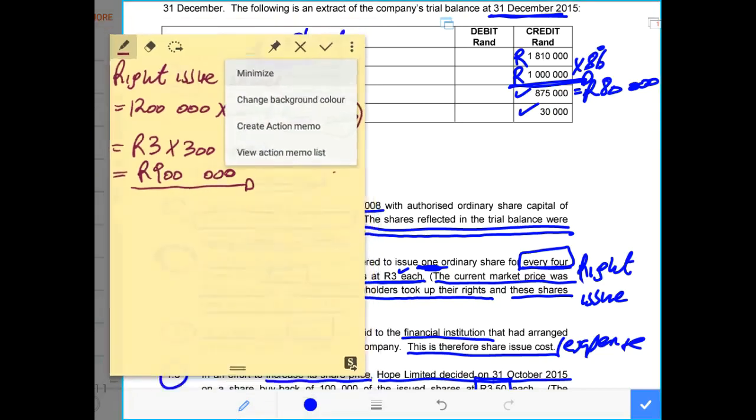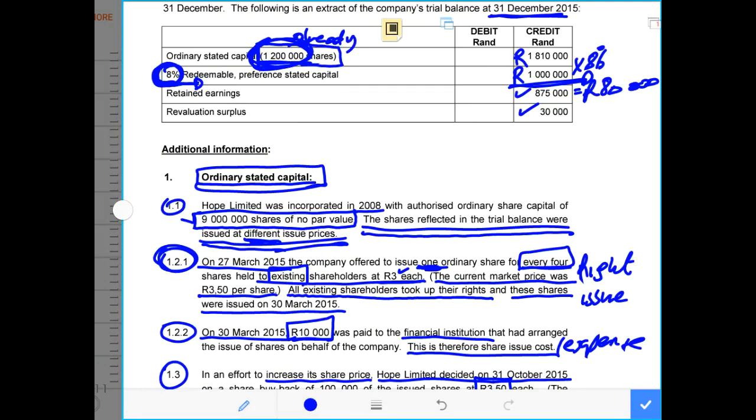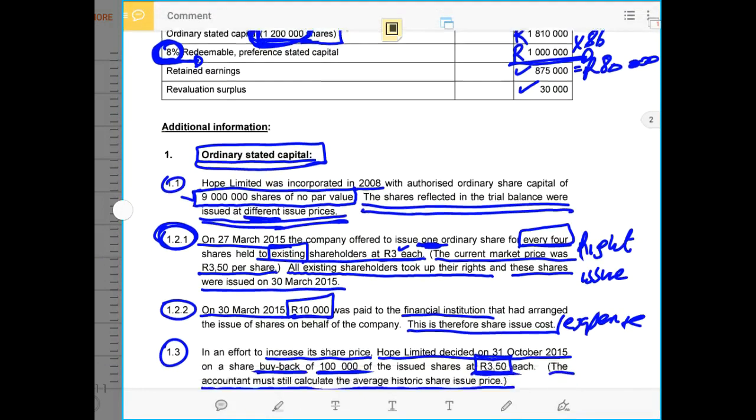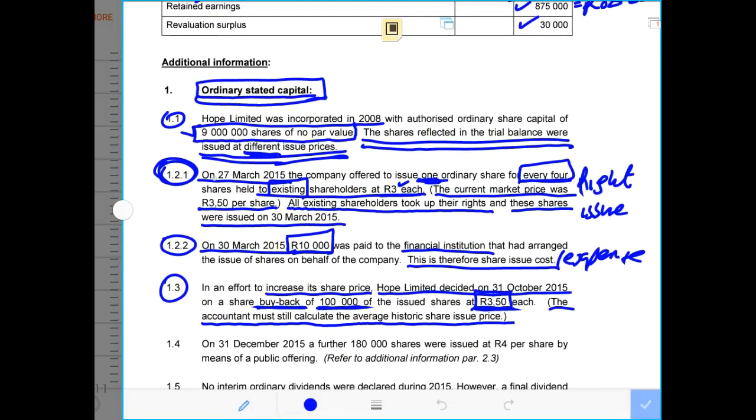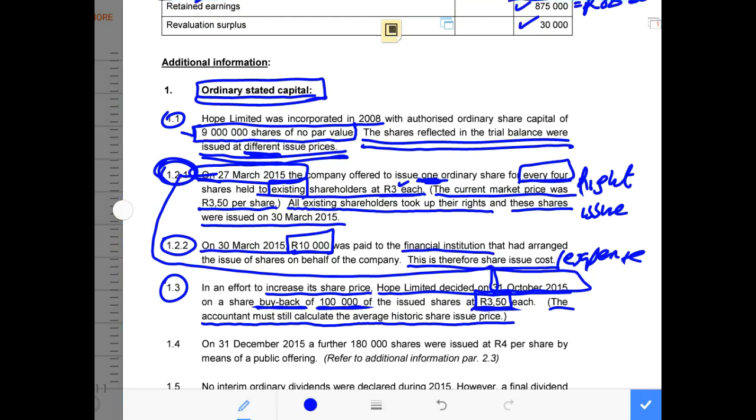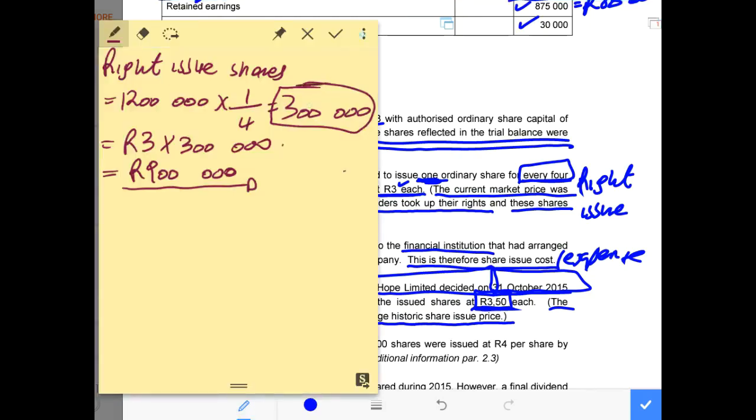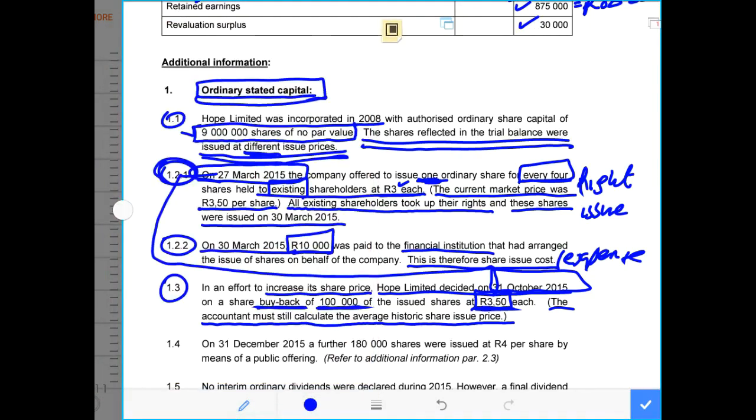We must not forget that there was another issue during the current year, on the 27th of March, where there was a rights issue. And the buyback is taking place at the end of October. That means when October came, the 300,000 shares issued as the rights issue would already have been recorded in the business.